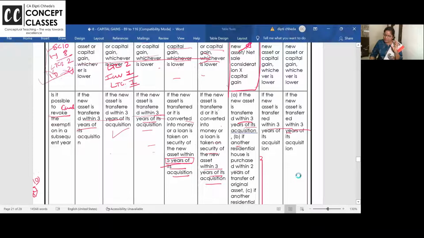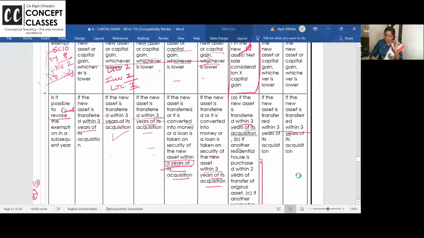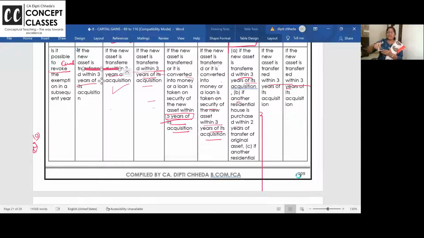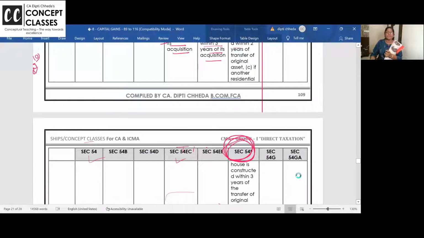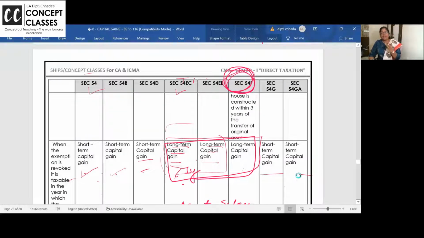Read the condition, please. If the new asset is transferred within 3 years, the exemption is revoked. If you had one residential house and purchased a second, then you should not purchase a third residential house 2 years forward or construct another residential house within 3 years, because then you will have 3 houses.